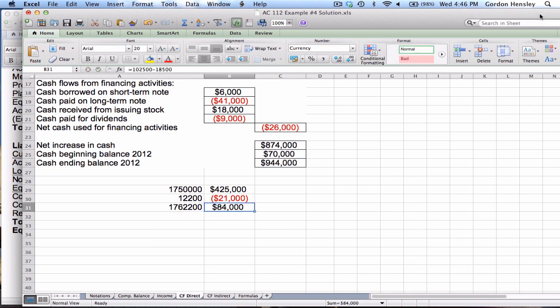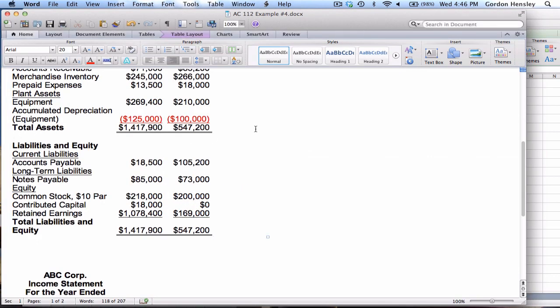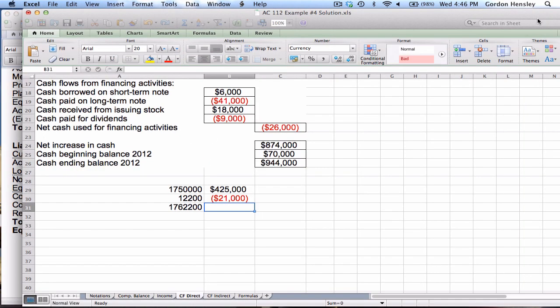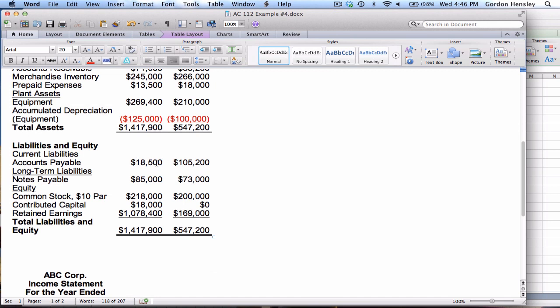So that is the difference there. Actually, let me go back and make sure. $105,200, $18,500. That is going to be a difference there in total of $86,700. And that $86,700, which is just the difference between these two, that is a decrease because the accounts payable went down during the year.